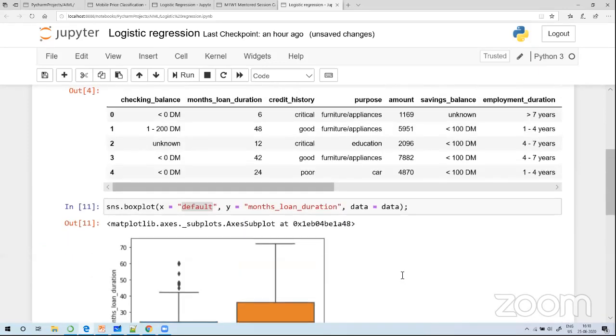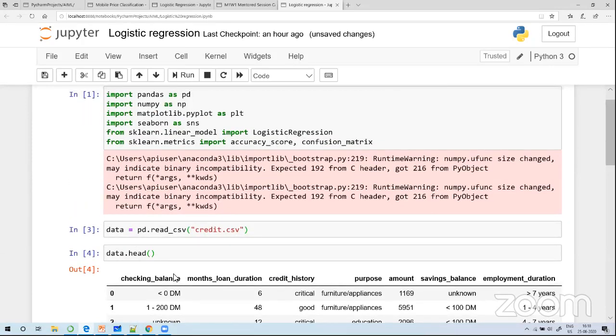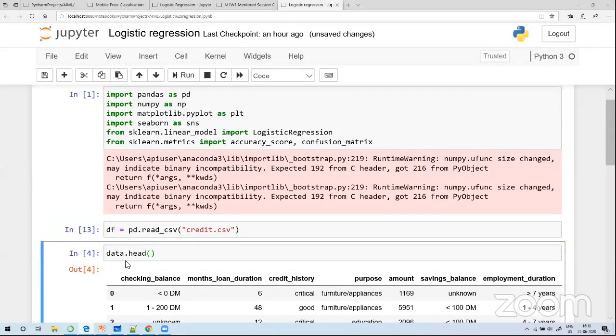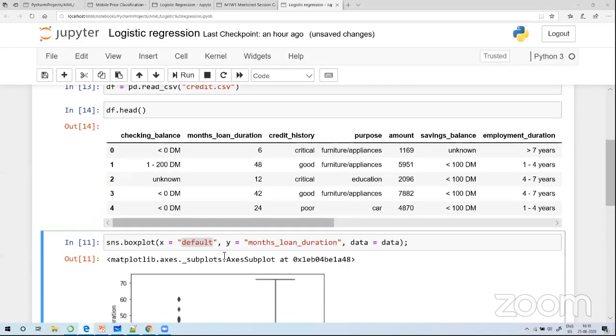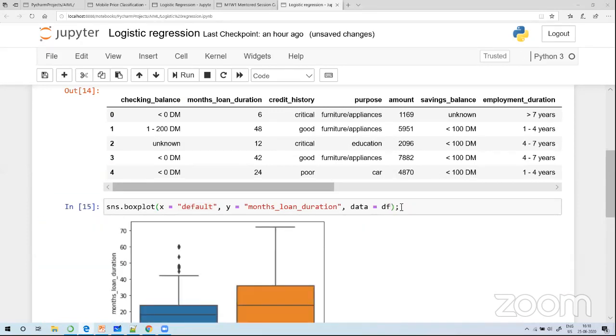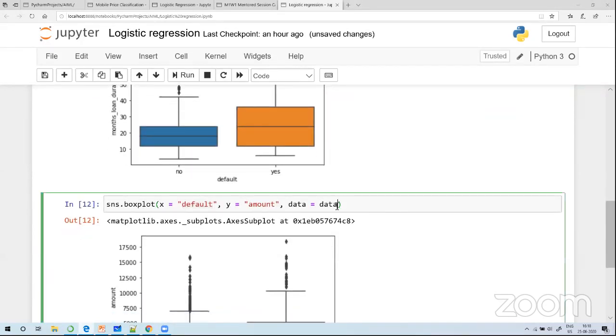Ideally, we should not have used the name data for a data frame. That was probably a mistake from my side because it's generally a keyword that is present in Python, and not good to use keywords as names at any point in time.